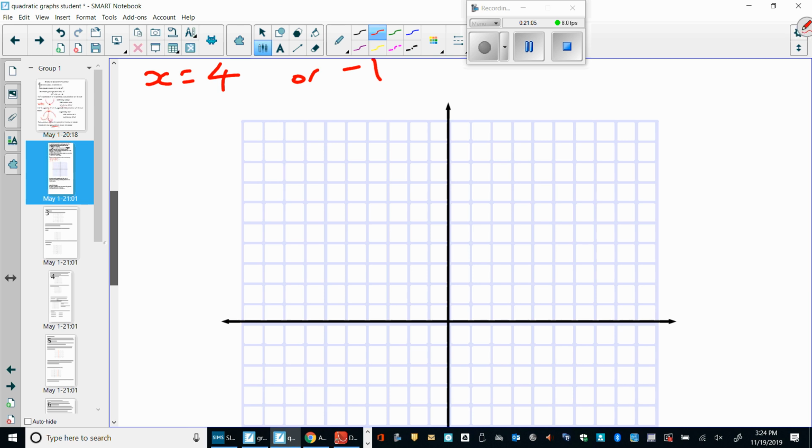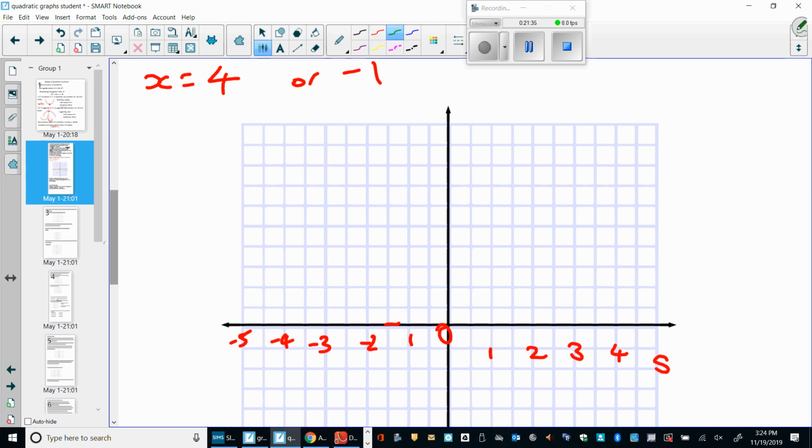I'm going to go up in 2, so 1 for every 2. I did 2 squares represents 1 unit. So I know it's going to cross at negative 1 or positive 4. So I'm going to mark here, at negative 1 and positive 4.